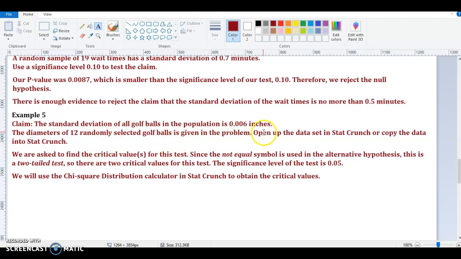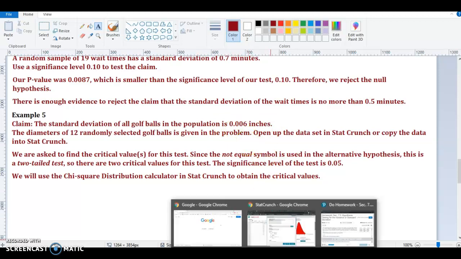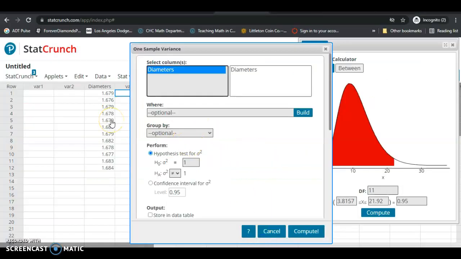Since we have the data, we don't have to worry about calculating the sample standard deviation. StatCrunch will do that automatically, since we're doing a hypothesis test on the standard deviation.